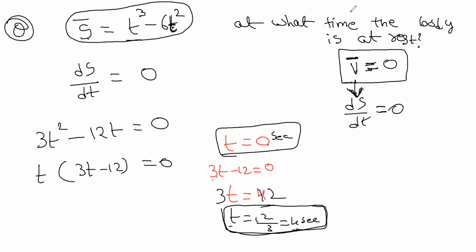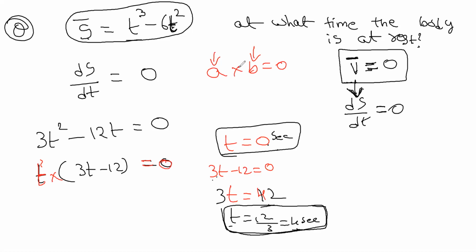At first we wrote t into 3t minus 12 equal to 0. So we are finding the values of t, and two values will come out. When a into b is 0, either a can be 0 or b can be 0, right?